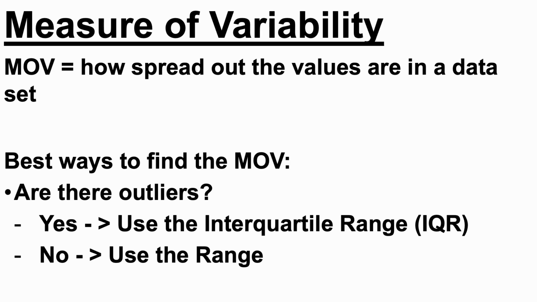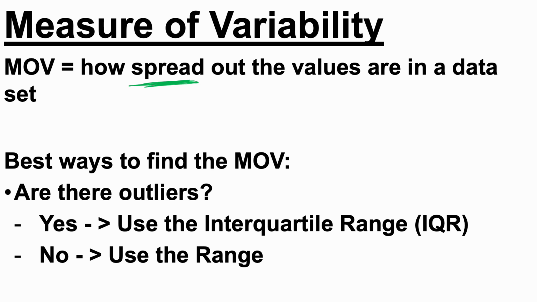The second measure that we look at is the measure of variability, or MOV, and this measures the spread of the data, so how far apart the numbers are in our data set. There are two ways that we can find our measure of variability.